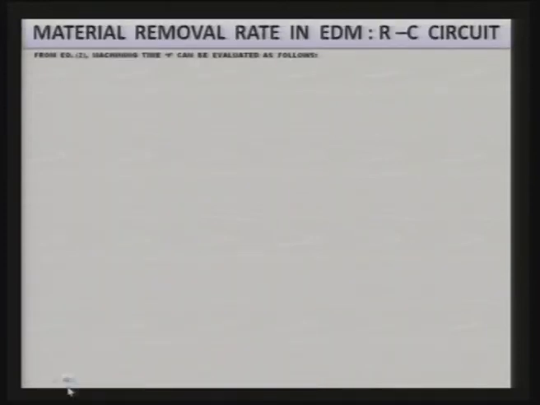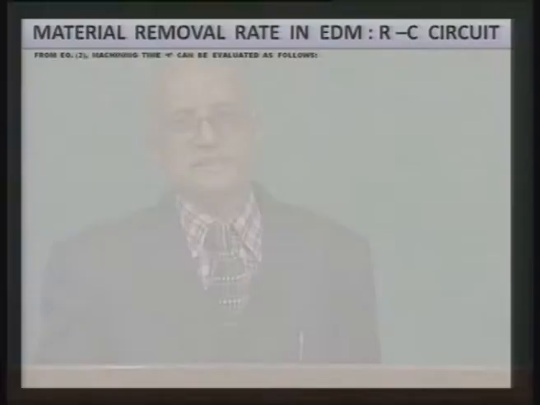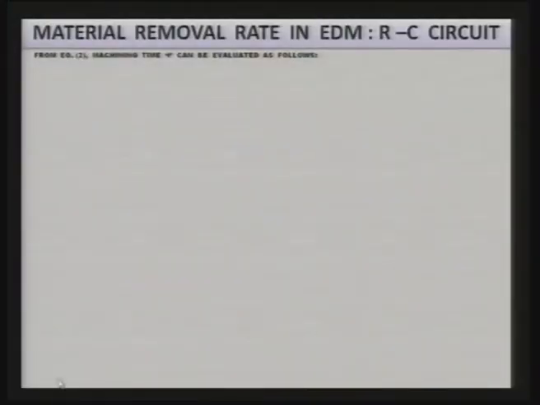Now, we are always interested in what is going to be the material removal rate, either gram per second or gram per minute, or volumetric material removal rate in terms of cubic millimeter per minute or per second. So, from earlier equation 2, machining time T can be evaluated as follows.